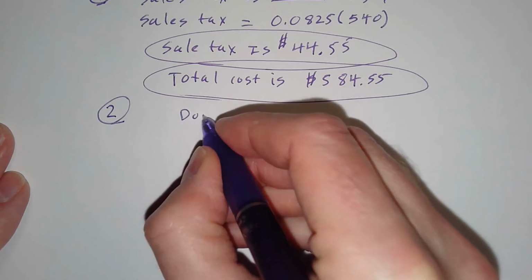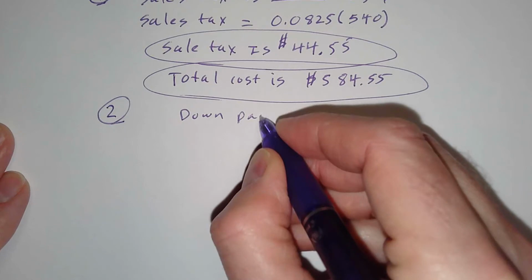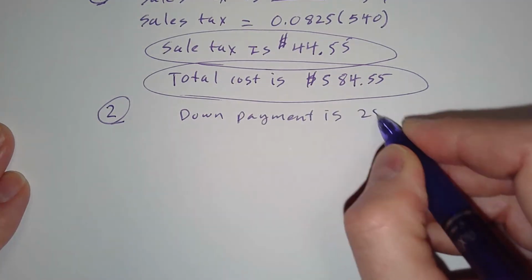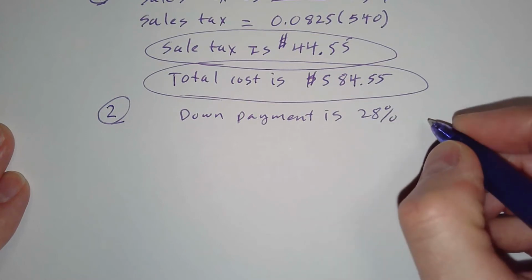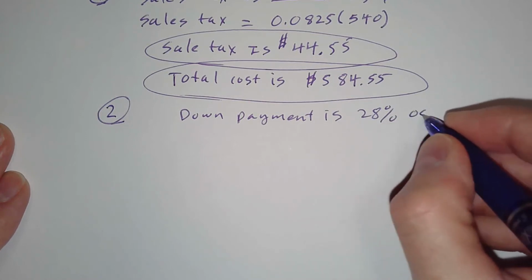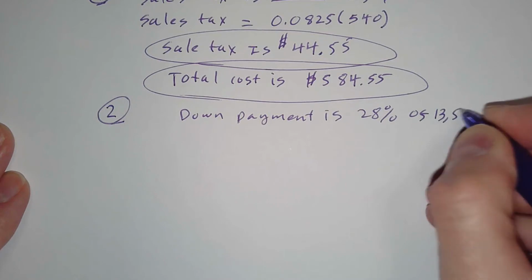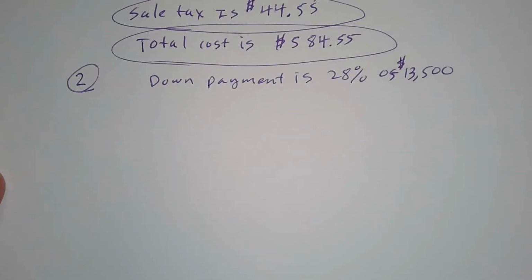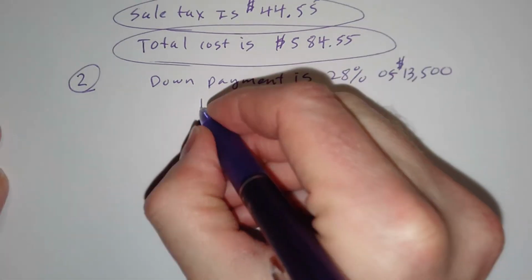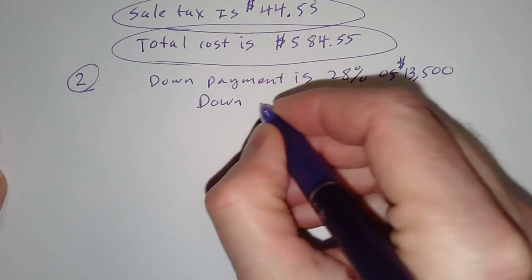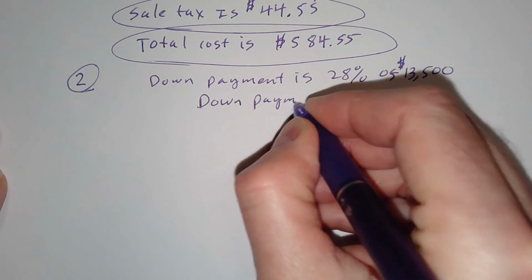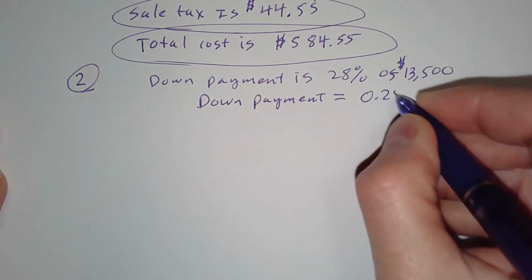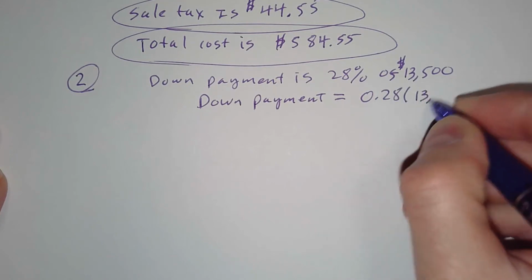So her down payment is 28%, and we do have the price. So our down payment equals, write that as a decimal, 0.28 of 13,500.